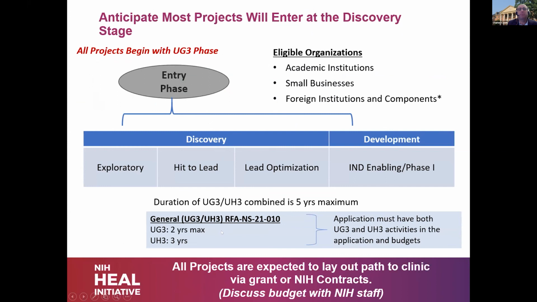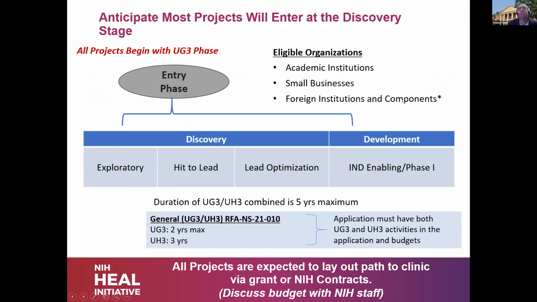All applicants, small businesses, non-academics, all come through the UH3 mechanism. It does have a 2-year max UG3 rather than a 1-year max. And typically UH3 is 3 years. Applications must have both halves. You can't come into UH3 and you can't just do a UG3.